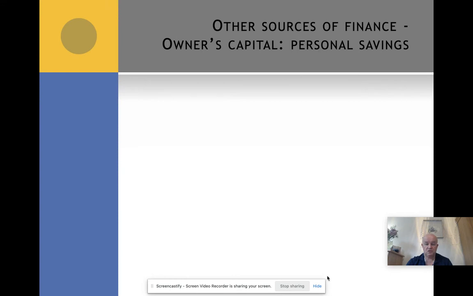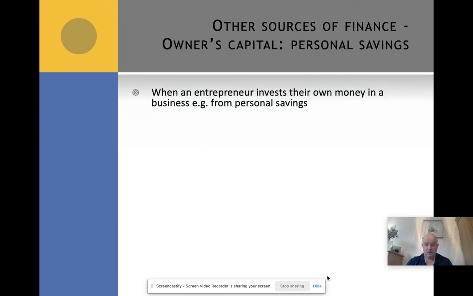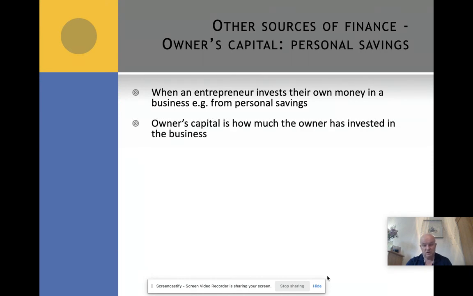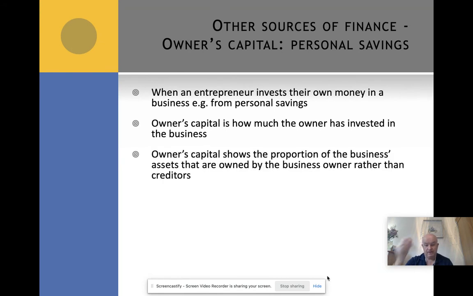Let's have a look at some other sources of finance. Then we've got owner's capital, so personal savings. Clearly, if an entrepreneur chooses to invest his or her own money from personal savings, that is a form of owner's capital. That's very much the amount that the owner has chosen to invest in the business.